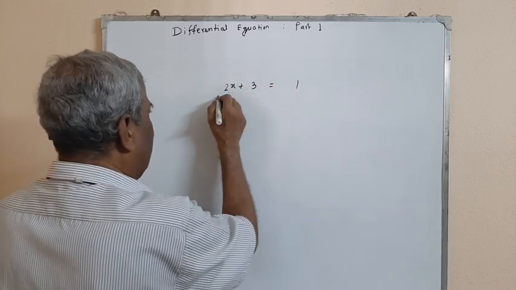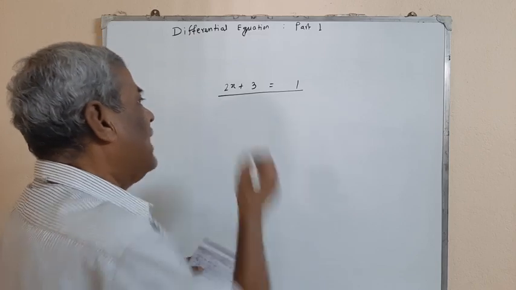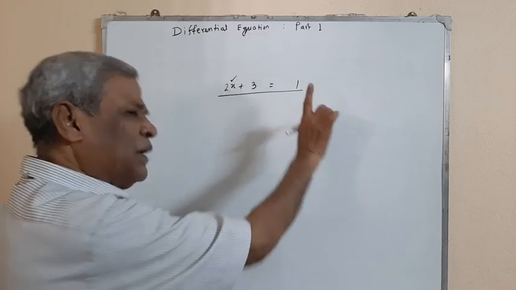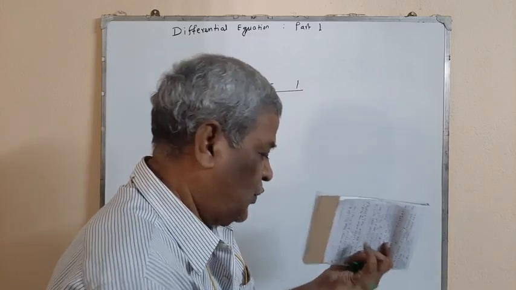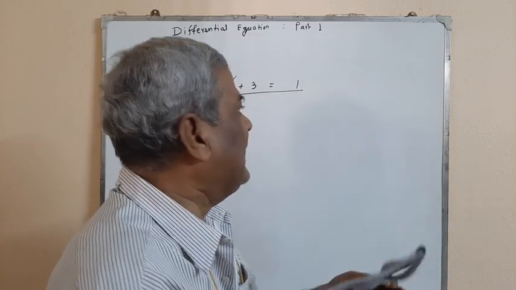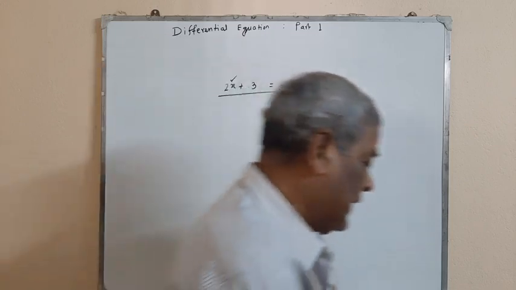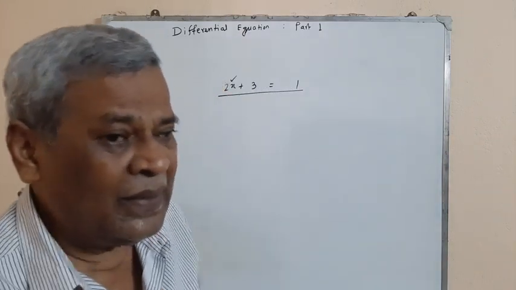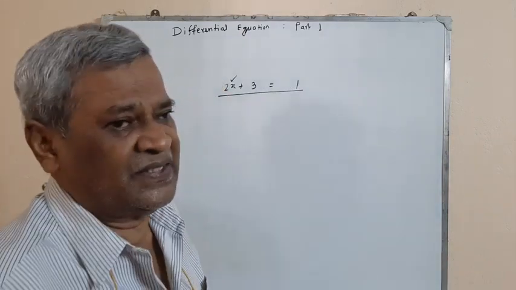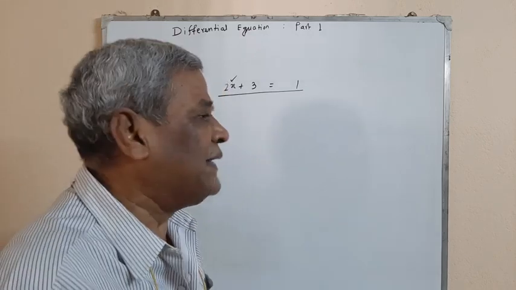From there we have to find the exact value of the unknown quantity x, which can be obtained very easily. This is the solution of the algebraic equation. But in a differential equation, we have to find a relation between x and y and one or two constants. Just a relation between y and x.